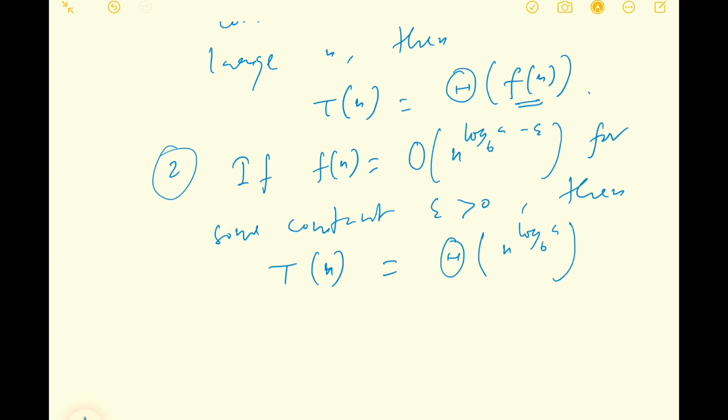This case corresponds to the exponentially increasing series.